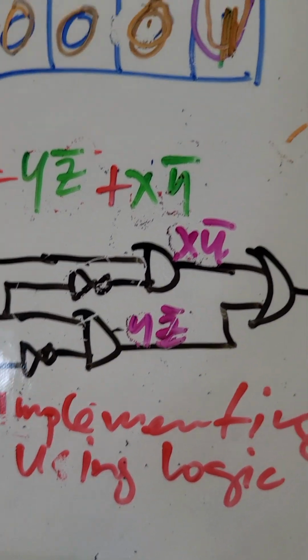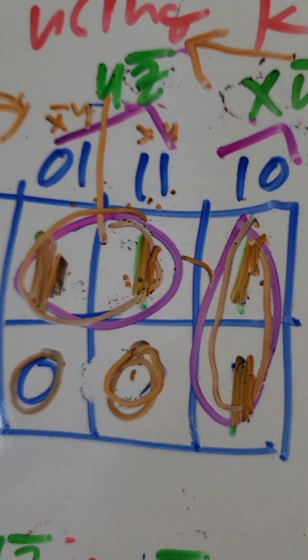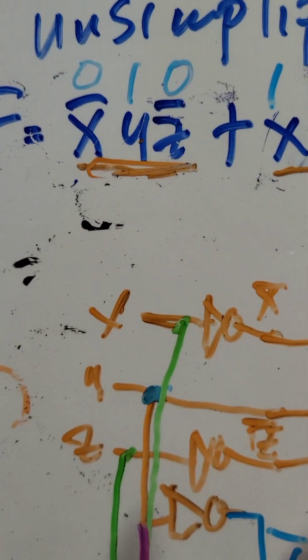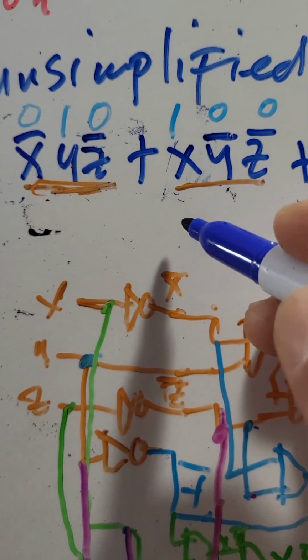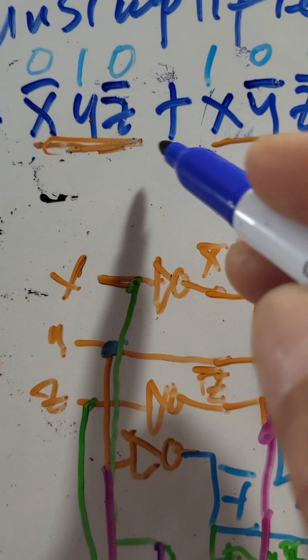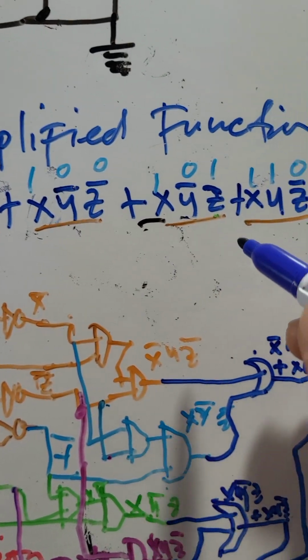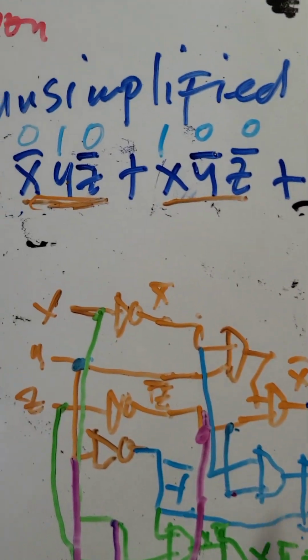Okay, so actually, aside from this K-map technique, we can also simplify this using ordinary mathematics or algebra, by collecting similar terms. Like this one, what are the similar terms for this function?